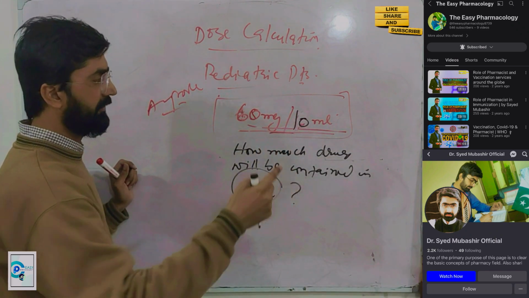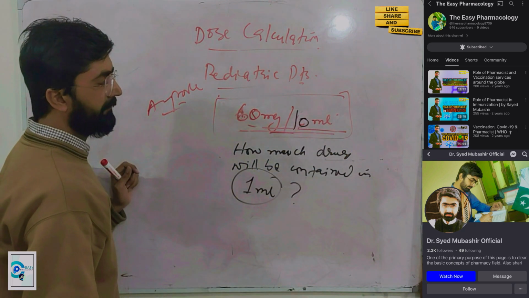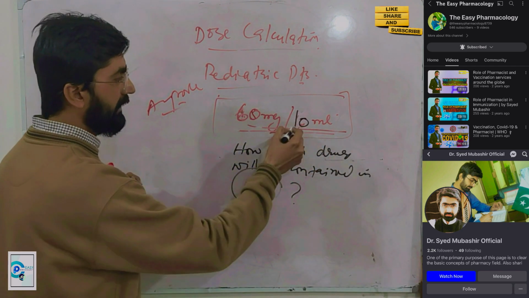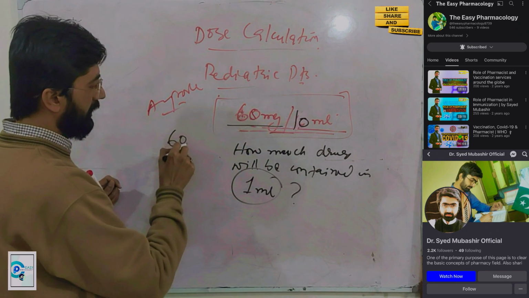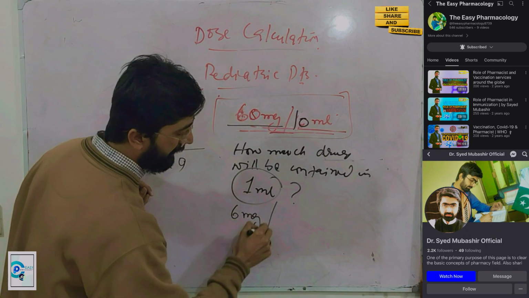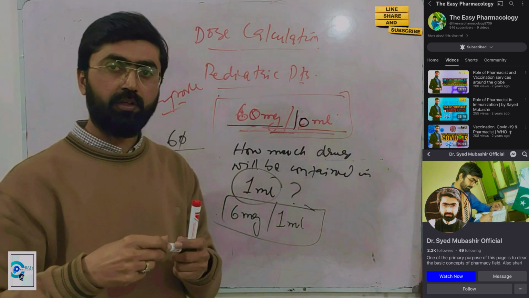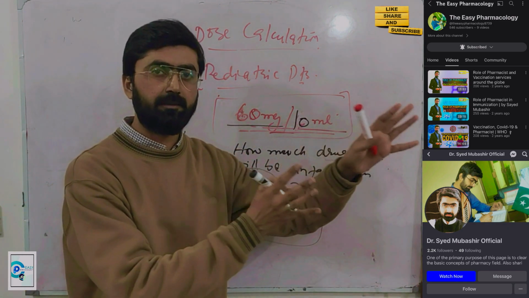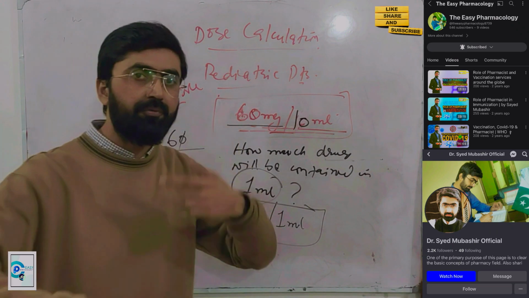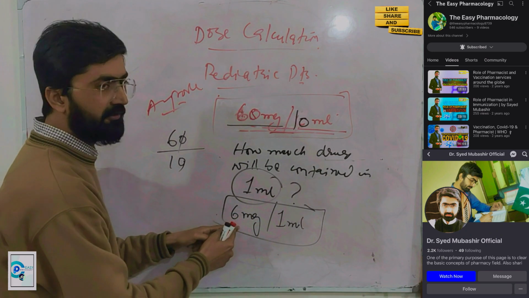So what do you see from this statement? 60 milligram in 10 ml. So how much milligram will be present in 1 ml? Obviously if you divide 60 by 10, there will be 6 milligram of drug per 1 ml. The first step to start the calculation regarding injectables, to simplify the calculation, is to calculate how much drug will be present in 1 ml.